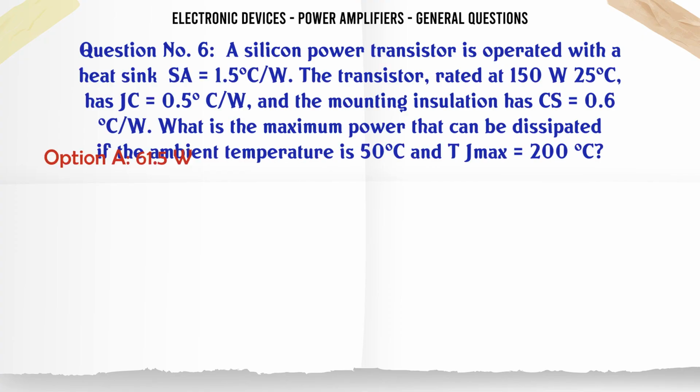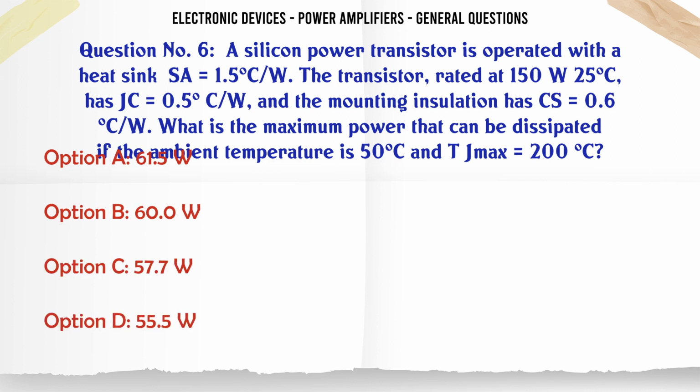A silicon power transistor is operated with a heat sink, θSA 1.5 °C/W. The transistor, rated at 150 watts at 25°C, has θJC 0.5 °C/W and the mounting insulation has θCS 0.6 °C/W.